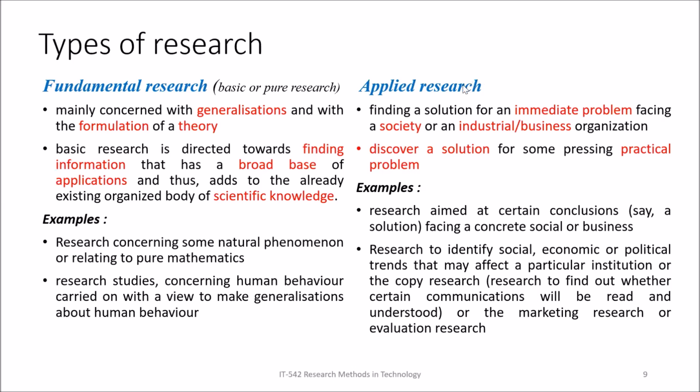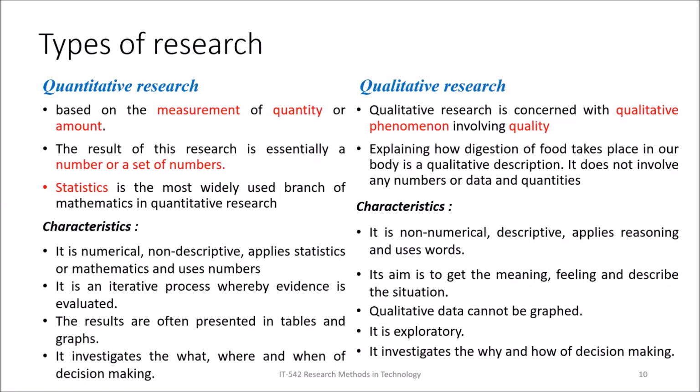Then another type is quantitative and qualitative research. Quantitative, like I said, generally focuses on numbers, the set of numbers. In qualitative, we focus on the quality of that particular product, or whatever data you're collecting.